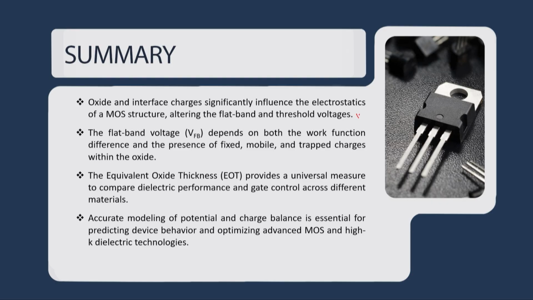Let me summarize. In this lecture, we have seen that the flat band voltage is given by phi ms minus Q naught prime by Cox dash. So if the oxide is non-ideal and there are oxide charges present in it, you need to consider that potential drop across the oxide in terms of the flat band voltage, which helps you to make the band flat.